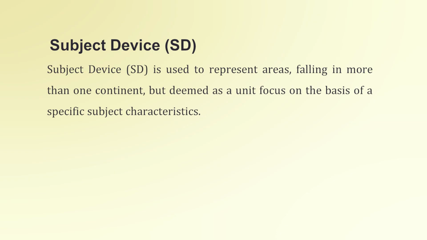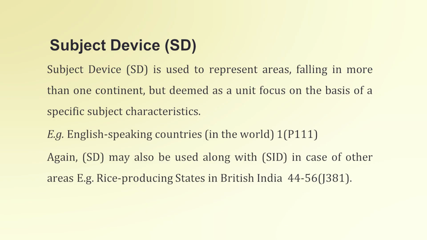Subject device is used to represent areas falling in more than one continent, but deemed as a unit focus on the basis of a specific subject characteristic, such as English speaking countries in the world. So, it will be got by applying subject device.